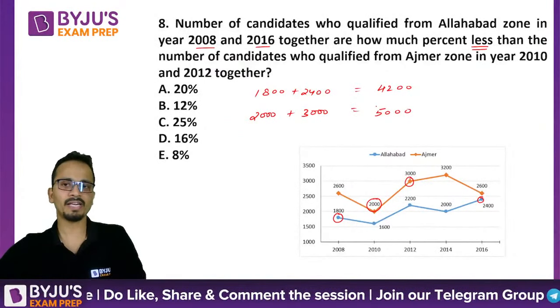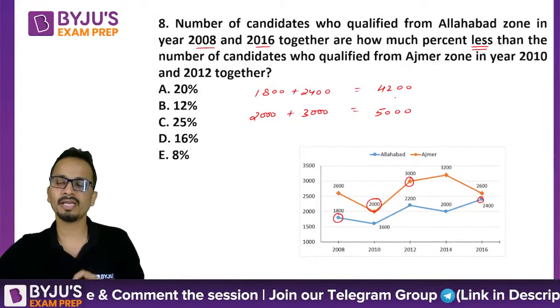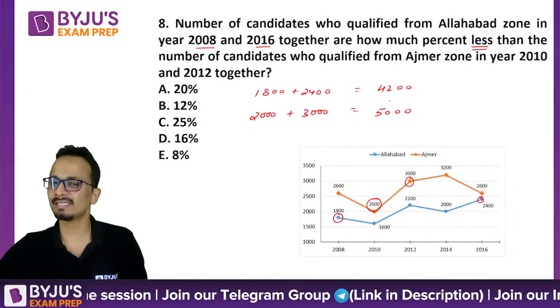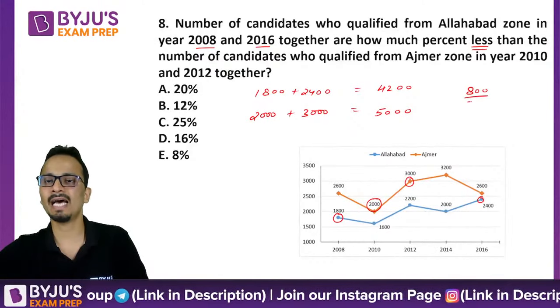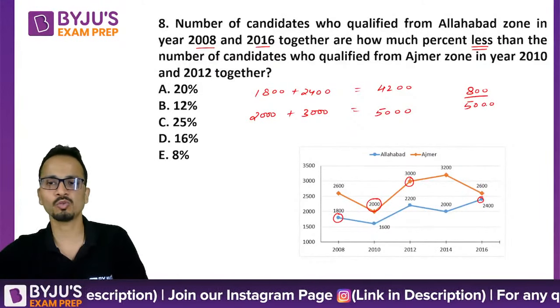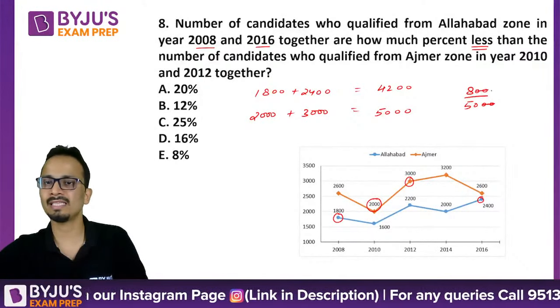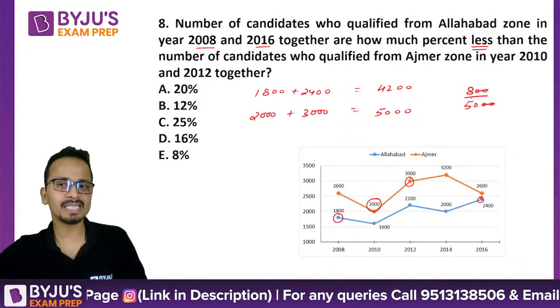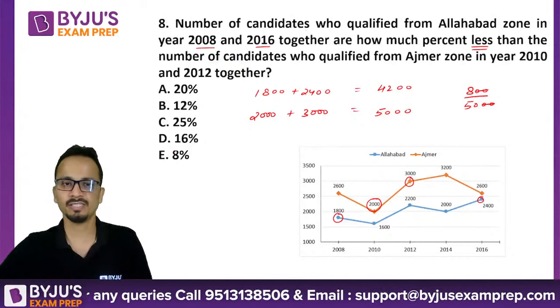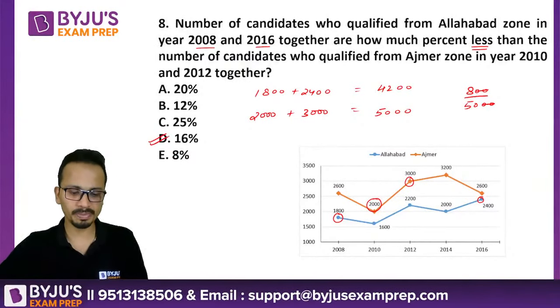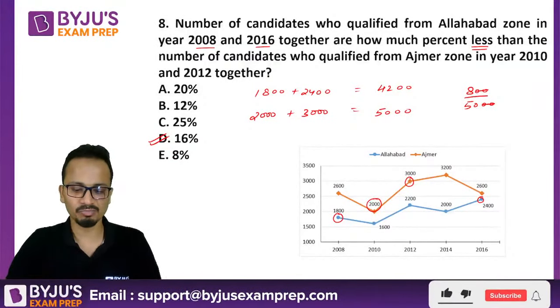Okay, so we have to find out 4200 is what percentage less than 5000. So it is 800 less than 5000. This is what you have to do. Cancel, cancel, and 8 is 16% of 50. So the correct answer will be option D, that is 16%.